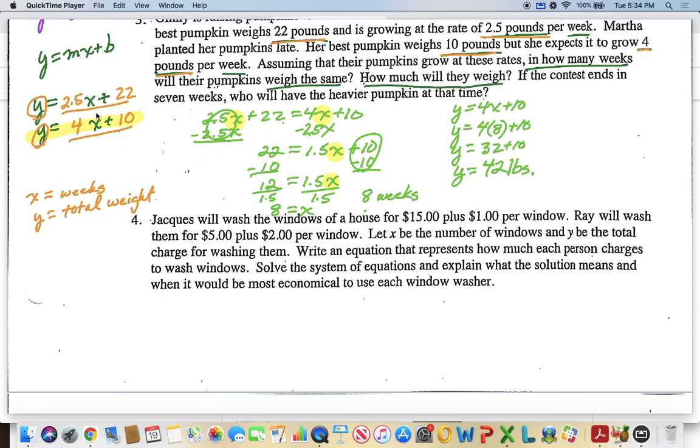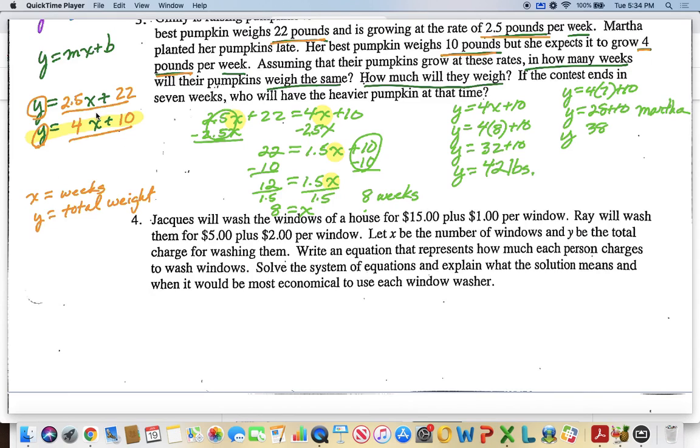So if we did Martha first, Martha's pumpkin is going to weigh this much in 7 weeks. 28 plus 10, it'll weigh 38 pounds. So that's Martha.